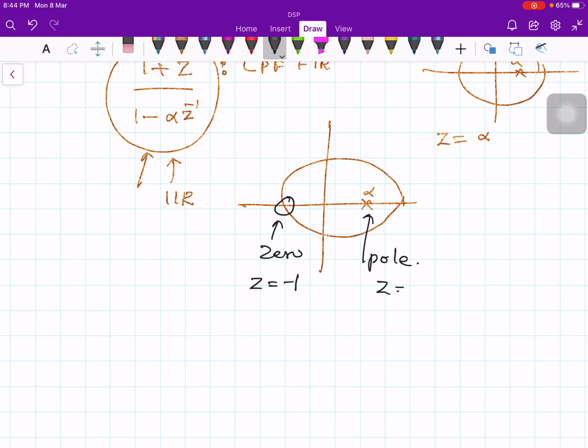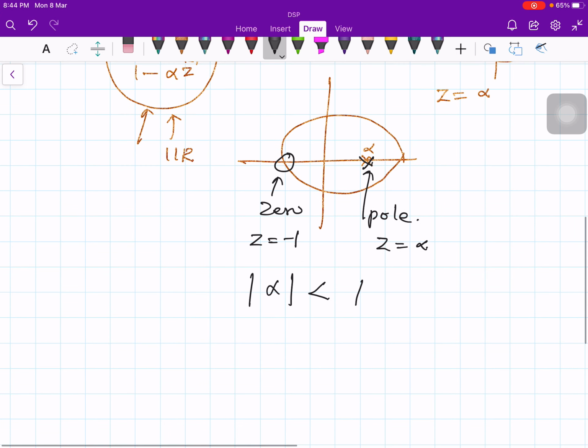If you take alpha as a real positive quantity, then this is your pole. But obviously for stability, whether alpha is real or complex, positive or negative, the magnitude of alpha must be less than 1. That means poles must be inside the unit circle.